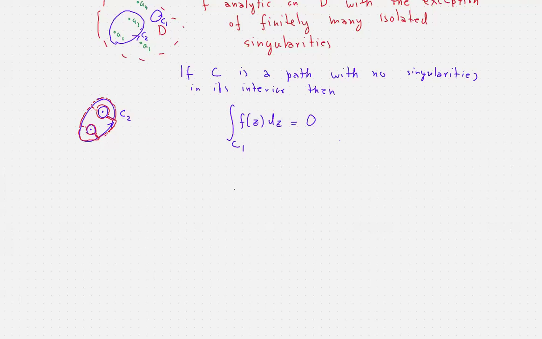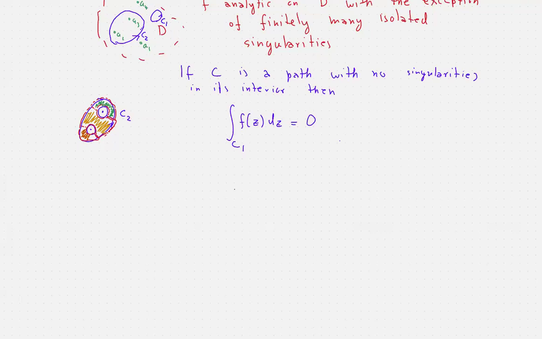I could think of the traversal of this path as going around the boundary of this. And then you would have this part where you have no singularity, and this part where again you have no singularity. So the only two parts that really matter are the two disks.